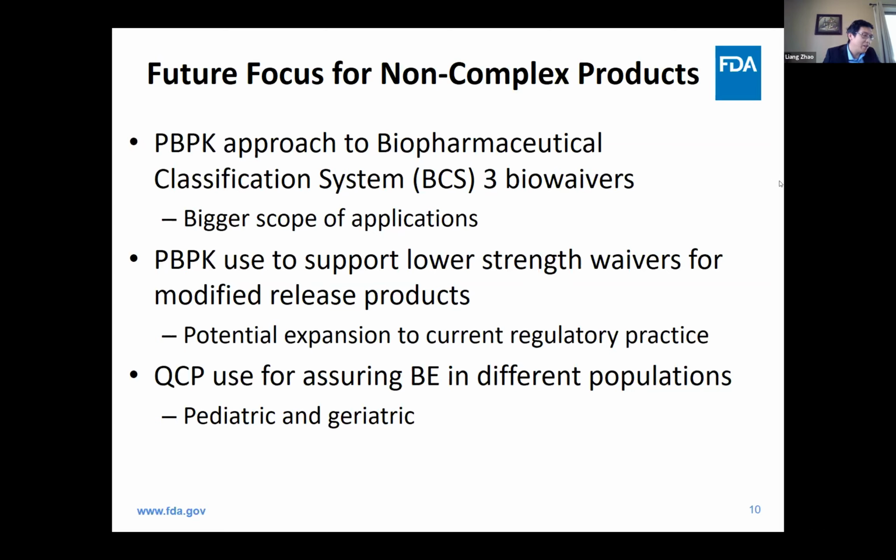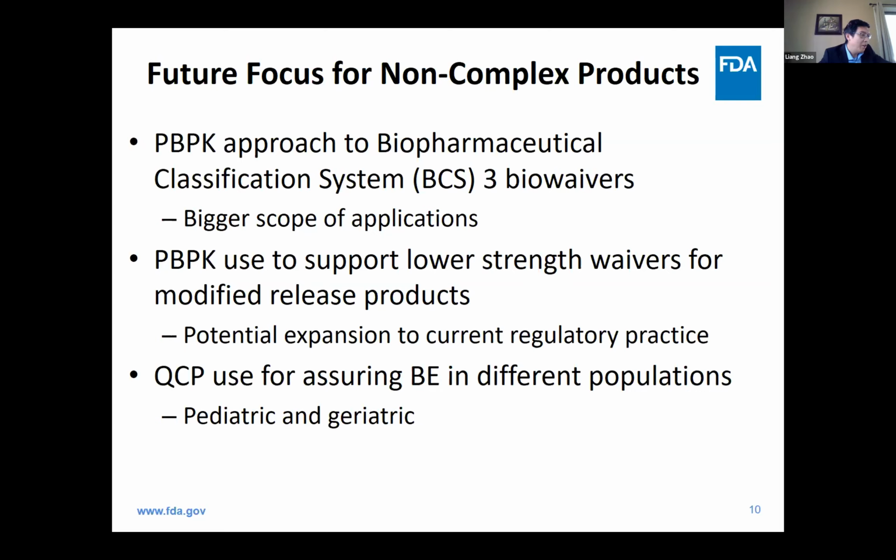You can directly bring the drug onto the market. We also need to work together on how to use modeling to support not conducting BE studies for lower strength formulations under special conditions, for example, when the formulations are not compositionally proportional.